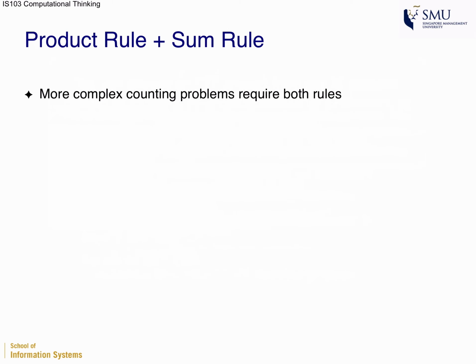Now, sometimes we cannot just use these rules in isolation, because some of the more complex problems, in fact, require both of them. Now, what are some examples of that? An example is when we are trying to look at numbers that are divisible by a certain number and numbers that are divisible by another number.